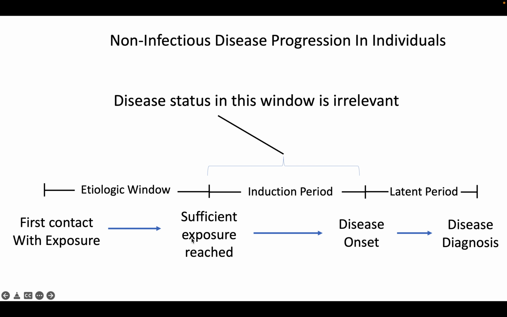But once you reach that sufficient number of X-rays, you're probably not going to get cancer the next day. There's probably still some time for the physiology of cancer to take place, until it is considered likely that it's been long enough since you reached that sufficient number of X-rays that cancer can now be attributed to the X-rays.